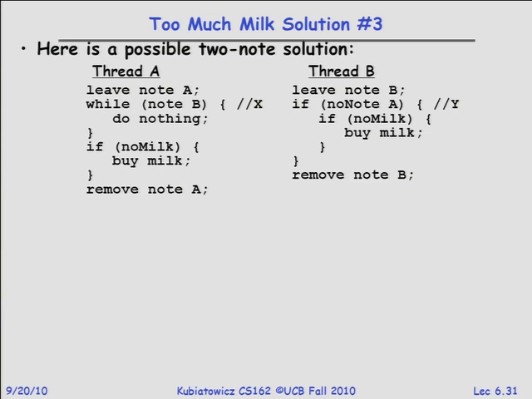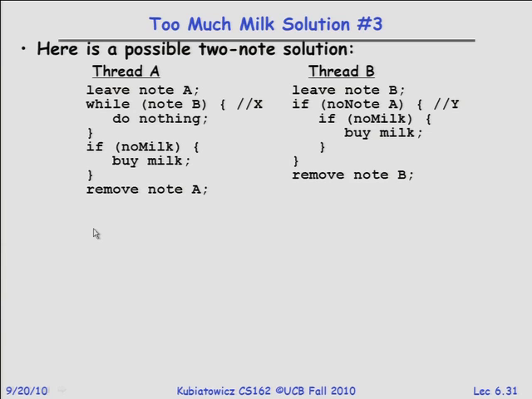Yeah, notice we've got some wait condition going on here, and we're trying to be a little bit clever about it. We leave our note, which is kind of like a promise to investigate, and as long as B has got a note up there, we don't really know what B is going to do. So we kind of stall until the note goes away, and then we buy the milk.